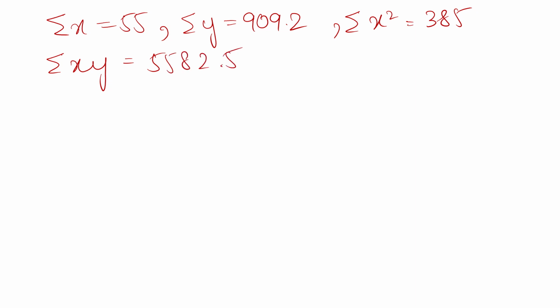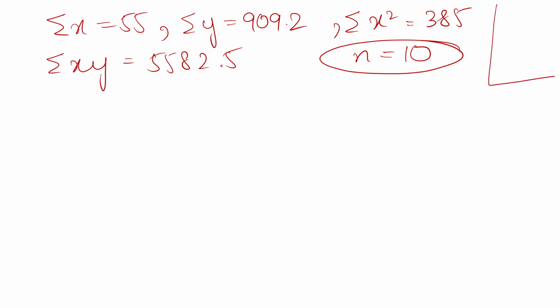And we will assume that there are 10 values. In our table we had 1, 2, 3, and 4, so n will be 4, but we are taking it as 10 for the time being. I'll not be writing the summation again and again, but you will have to mention it because marks can be deducted based on that.